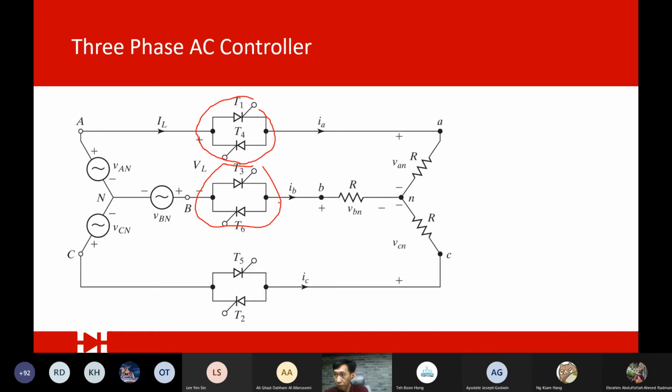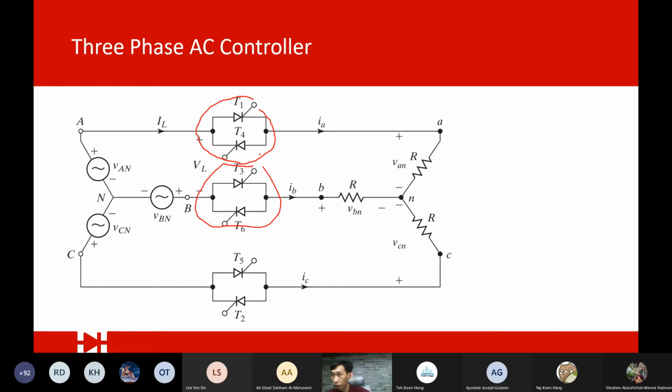Now there is one thing you need to know, which is the controller part. The controller part won't be as straightforward as the one we do in the single phase. Because it's 3-phase, with phase difference of 120 degrees, this is where we need to have what we call the phase lock loop, to make sure that, especially in 3-phase, you lock them correctly so that you can track them.